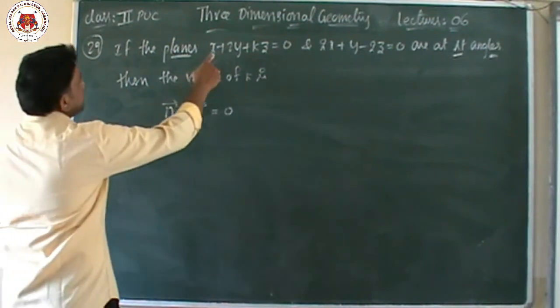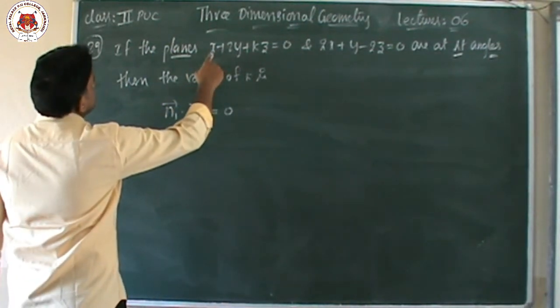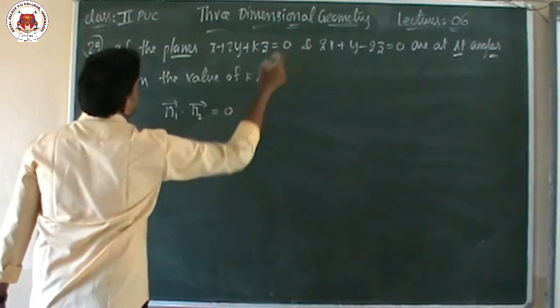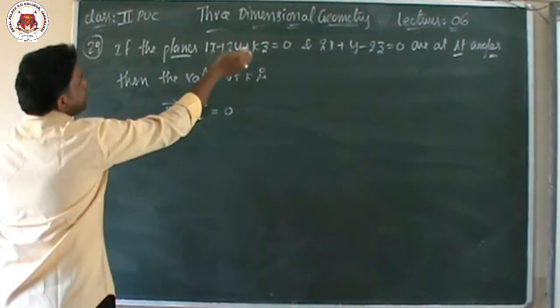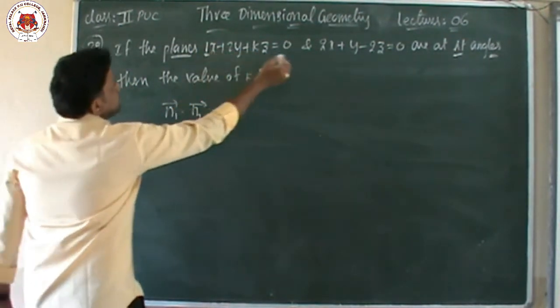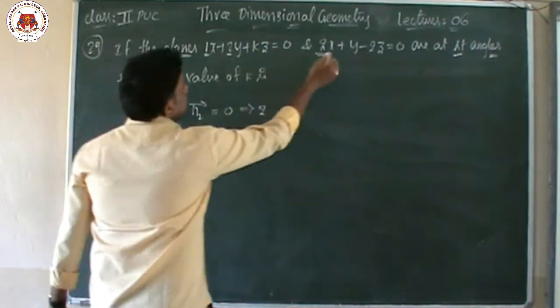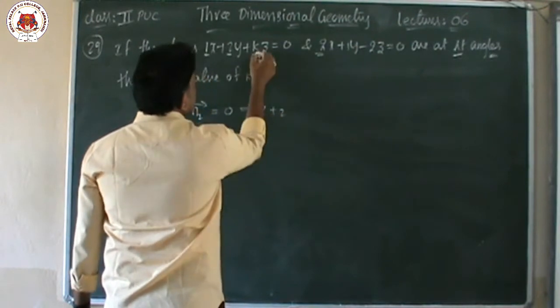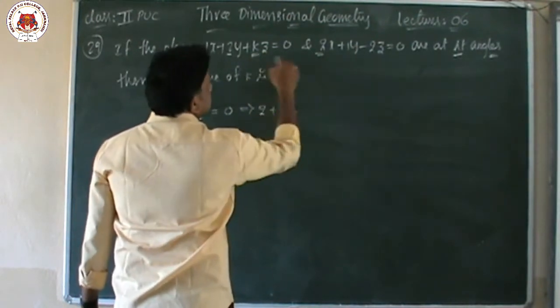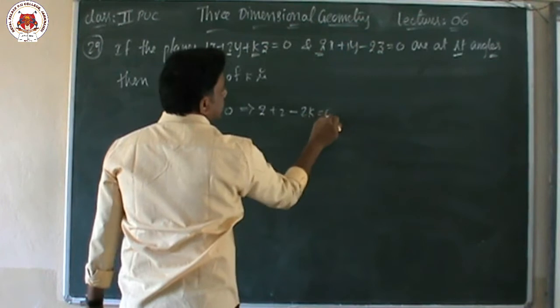Here we multiply the x, y, z coefficients: 1 times 2 is 2, 2 times 1 is 2, and k times minus 2 is minus 2k, equal to 0.